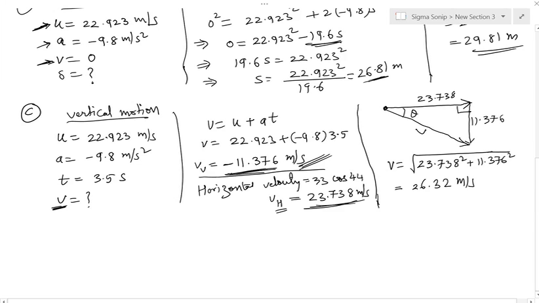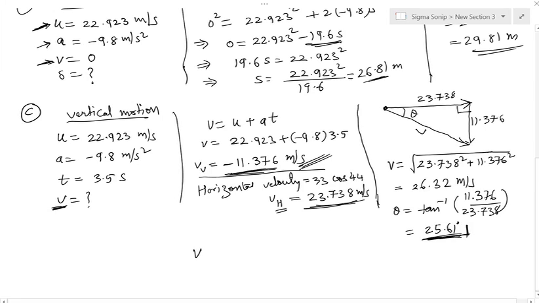To find the angle theta, we use the trigonometric ratio tan, and we get 11.376 divided by 23.738, and that angle comes out to be 25.61 degrees. We need to write the answer properly, stating the reference from which we are measuring this angle of 25.61 degrees.